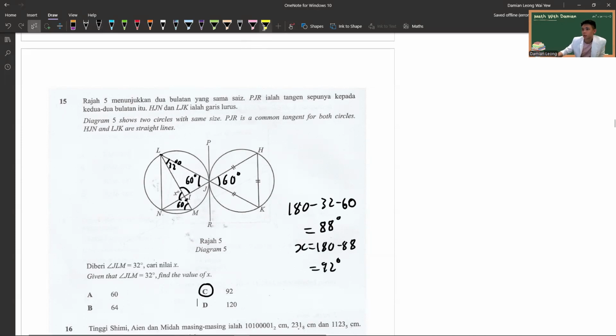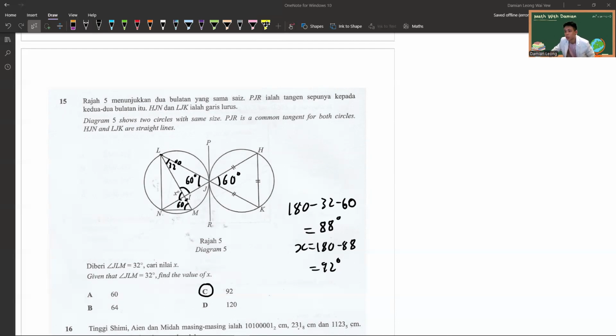So this is one of the rare questions where there's a tangent line involved, but I don't even need to use the tangent line at all. Which is actually very rare.